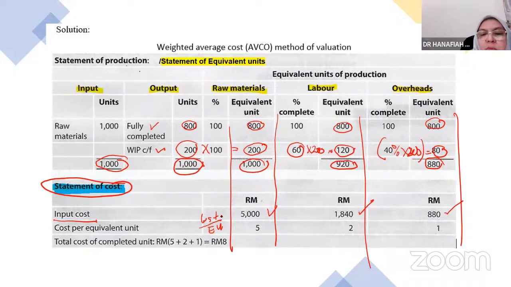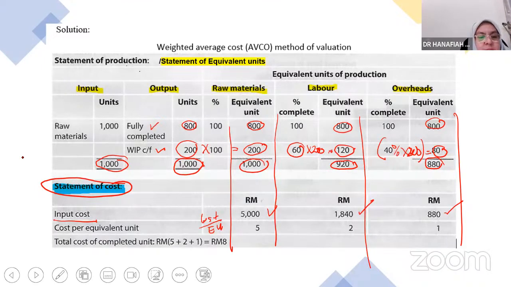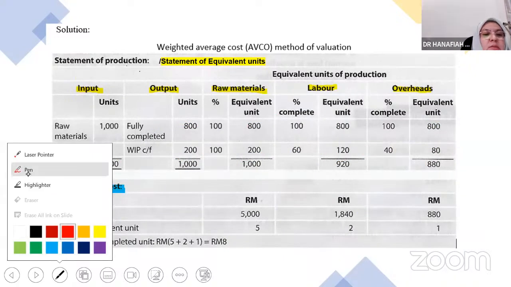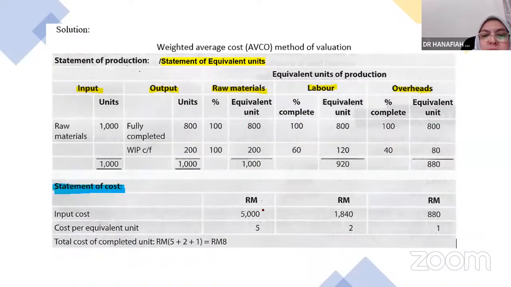So 5,000 divided into 1,000, therefore you get 5 ringgit. And this one you divide into 920. And this one you divide into 880. So you get this, right?